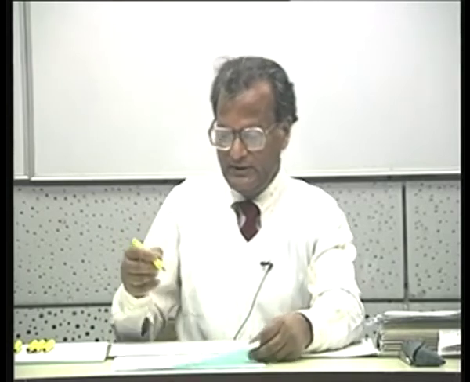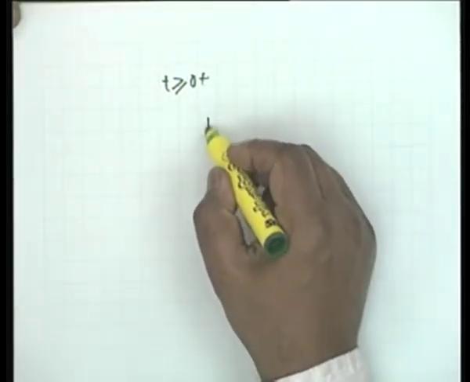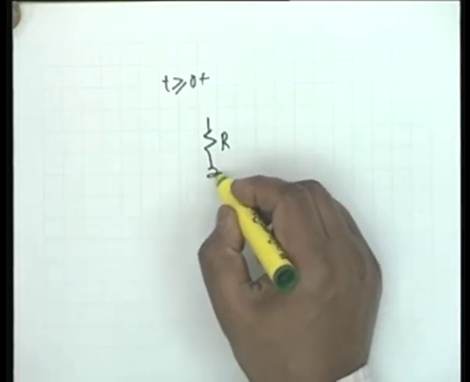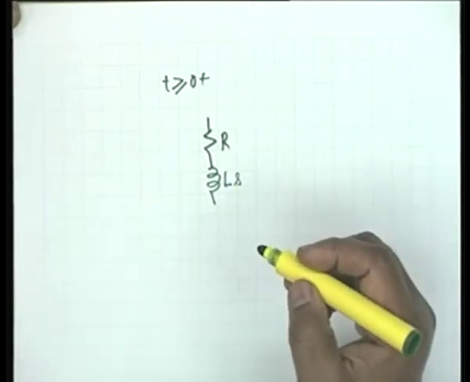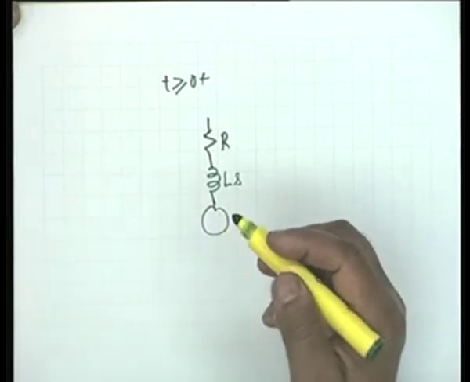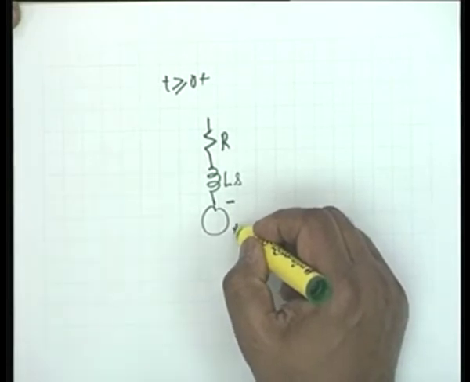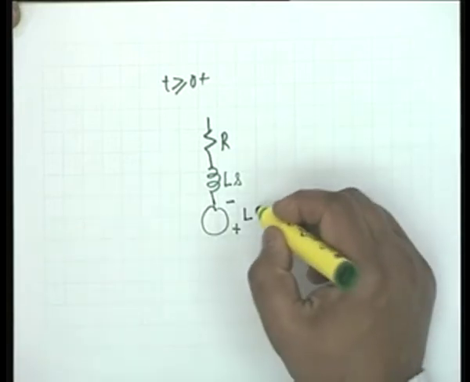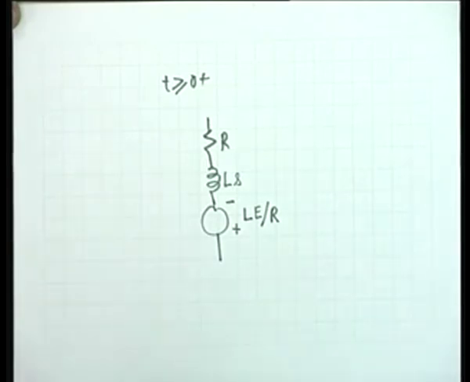And if you draw the transformed equivalent circuit for t greater than or equal to 0 plus, obviously what we have is R, and then the inductance L, whose impedance is L multiplied by S, and then you have a voltage generator. This is the Thevenin equivalent circuit in the opposite direction, that is minus plus, L times IL0 minus. IL0 minus is E by R, and therefore L E by R. This is the equivalent circuit for the inductor.